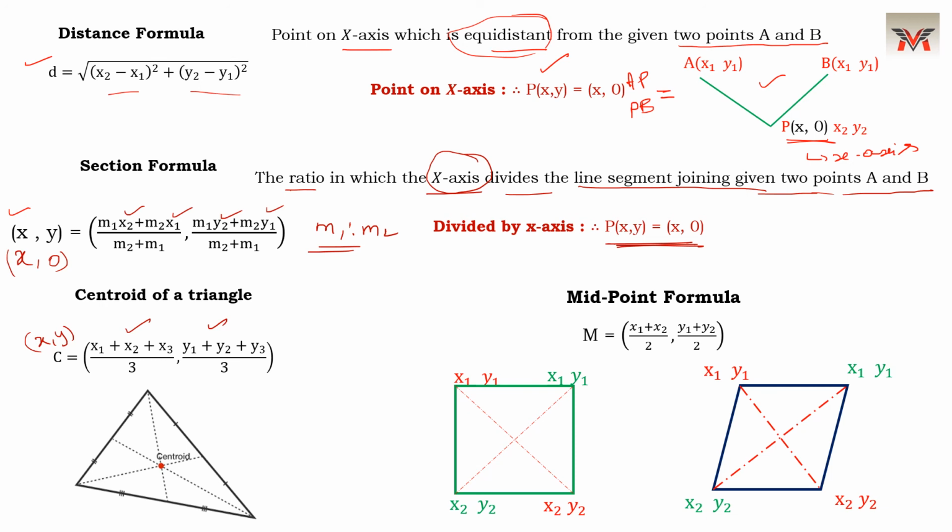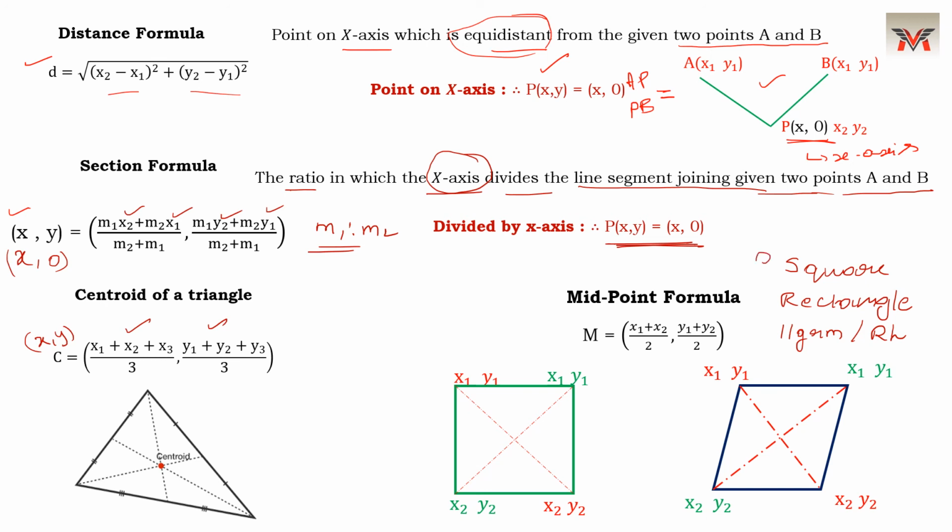We can apply the midpoint formula when we are given 4 vertices, and if they say it might be from the square or from the rectangle or from the rhombus or from the parallelogram. Okay, parallelogram or rhombus, whatever the shape it is.